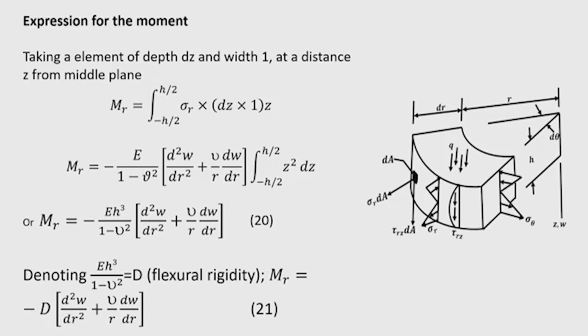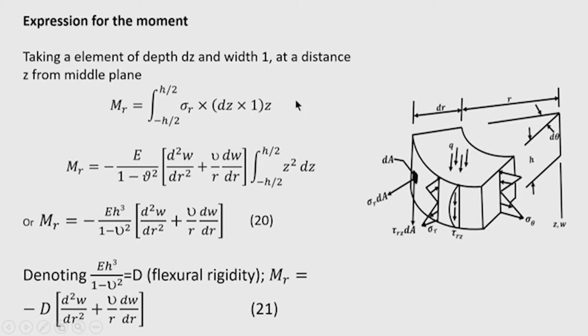So, before that, let us find the expression for radial moment and circumferential moment. Okay. So, radial stress we have obtained, sigma r, and on the small element dA, the force is sigma r dA. What is dA? The element is taken of width 1 and the depth is dz, so dz into 1 is the area of the element.